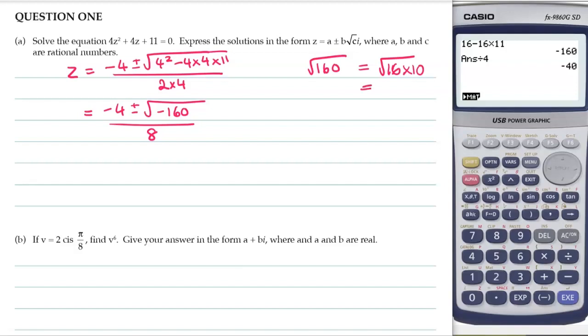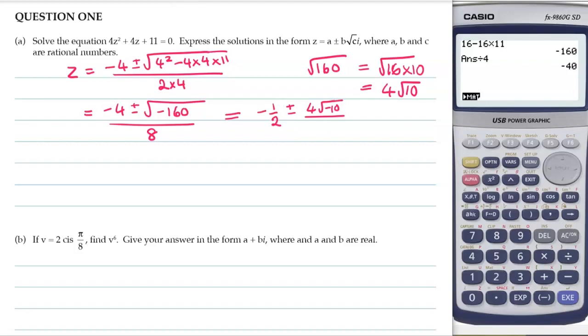So this will be equal to the square root of 16, which is 4, times root 10. So back over to what we were doing, this is going to be minus 4 over 8 is minus a half, plus or minus the square root, 4 times the square root of minus 10, all over 8.